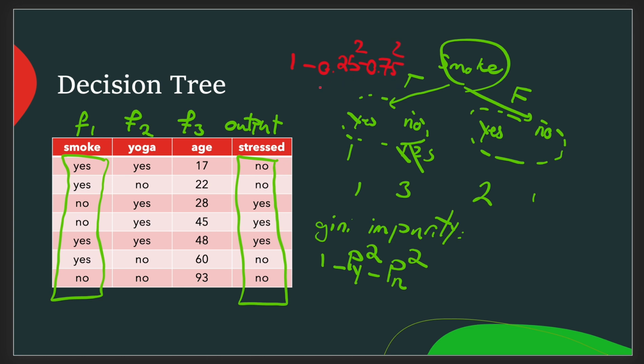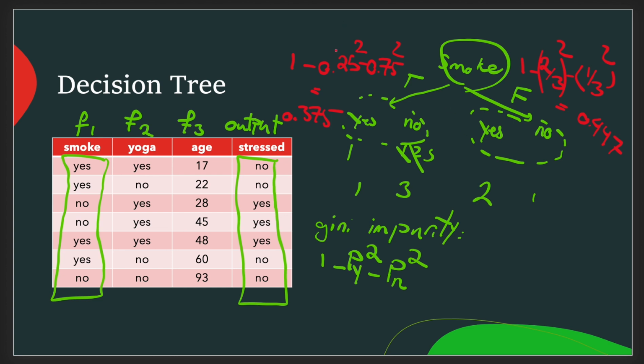And if you do the math, I think if I'm not mistaken, that's 0.375. And then you do the same thing in here. So you go 1 minus, what's the probability of yes? That's 2 over 3, which is like 0.66, squared, minus 1 over 3, squared, which is, I think, 0.447 if you do the math.